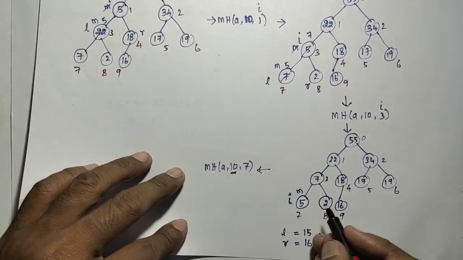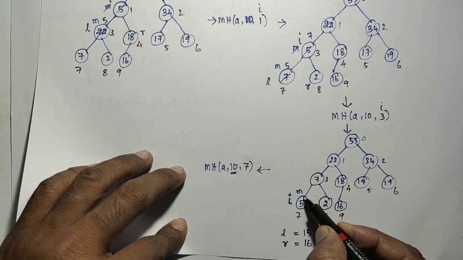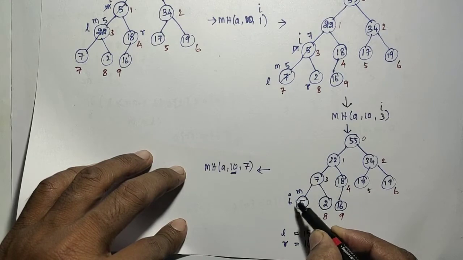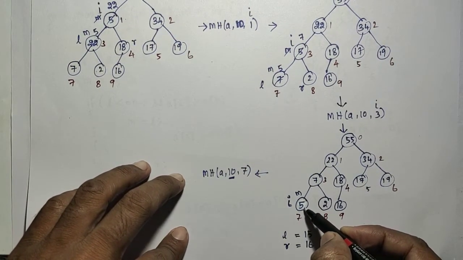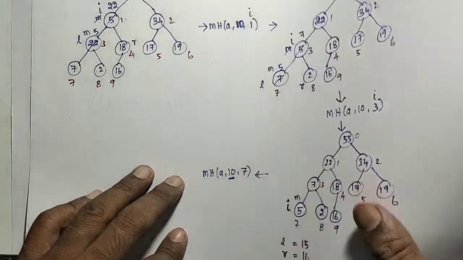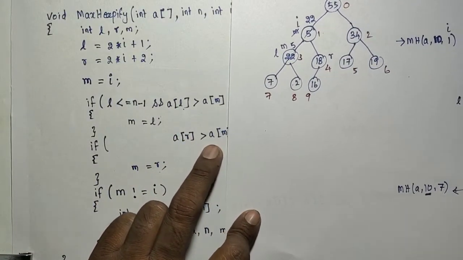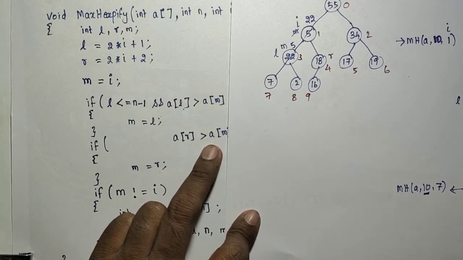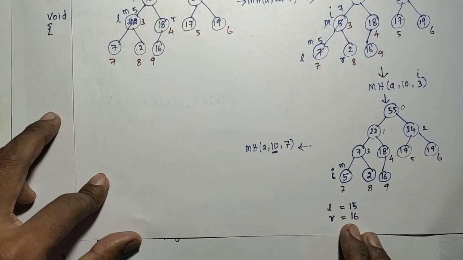Similarly, after identifying the max between these two, there is no change in that m, still pointing to A[i]. Now the current mth value is going to be compared with the right, so A of R greater than A of m, like that it will check. But here again R is an invalid index.